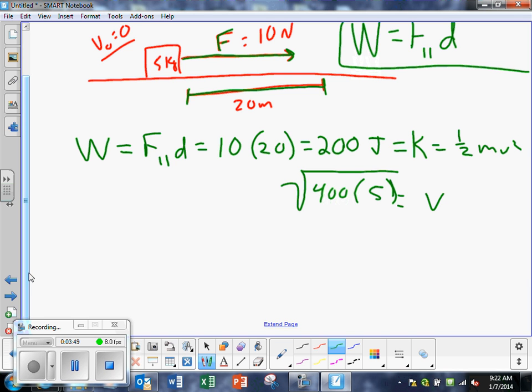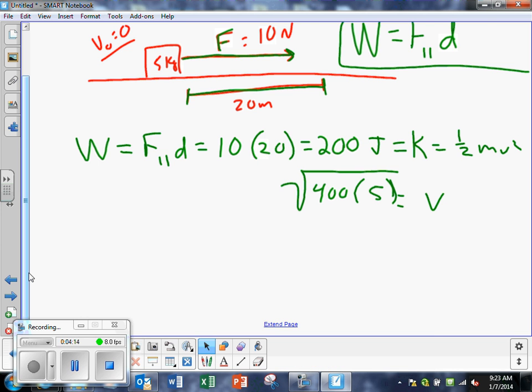So in this case, there's no friction, so all the work was put into a change in the kinetic energy. Now, if this thing would have been moving already, I could have forced in the opposite direction and taken away from kinetic energy. But in this case, there was no initial velocity, so everything that I put into it was realized in an increase in the kinetic energy.